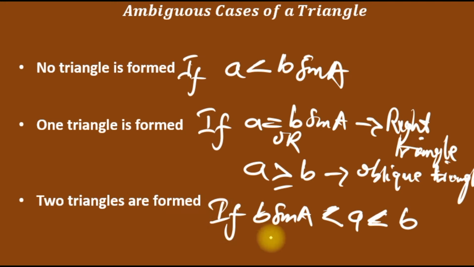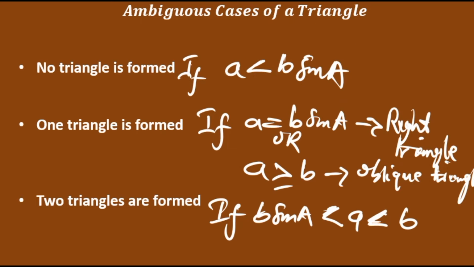So if you notice that b sine A is less than a and a in turn is less than b, two triangles are formed. So whenever you are given such cases, two sides and an angle opposite one of the sides, before you start solving, check whether a triangle is formed.